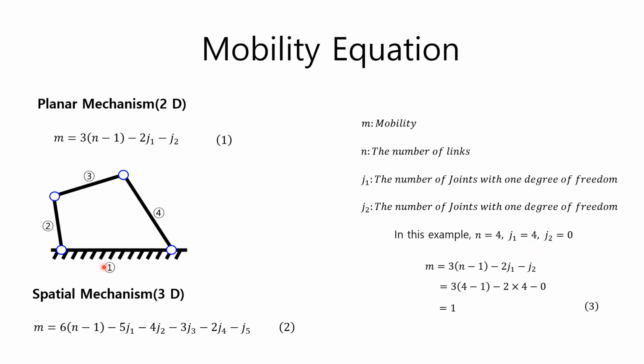So if we substitute all of these into equation 1, we can obtain the result of equation 3 as the mobility value. The mobility of the mechanism on the left is 1. In the figure, if we control the angle of link 2 or link 4, we can control the posture of the entire mechanism. For reference, the equation for calculating the mobility of a three-dimensional spatial mechanism is as in equation 2.